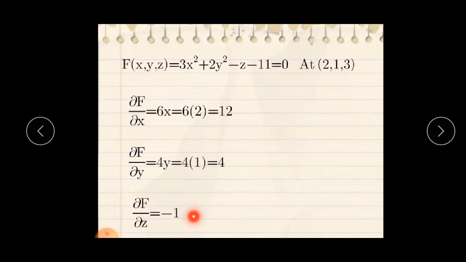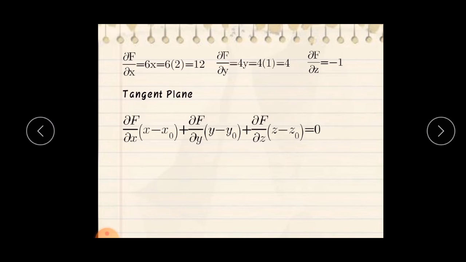We no longer need to evaluate the value of z at the point, because the answer for the partial derivative with respect to z is a constant. So now we can get the equation of the tangent plane.